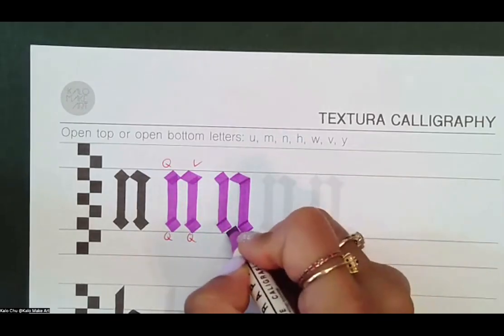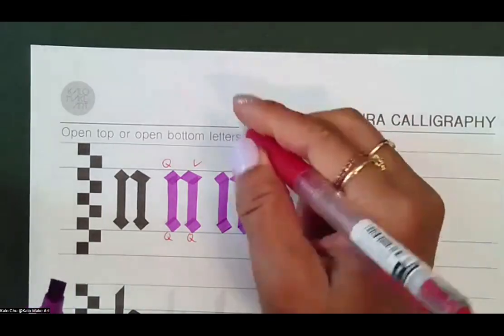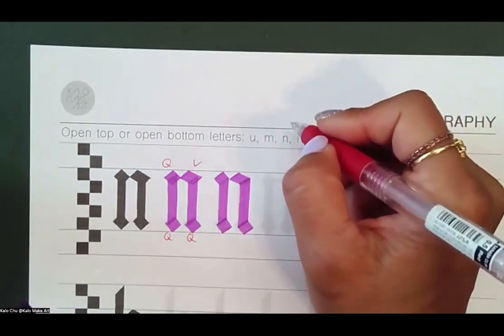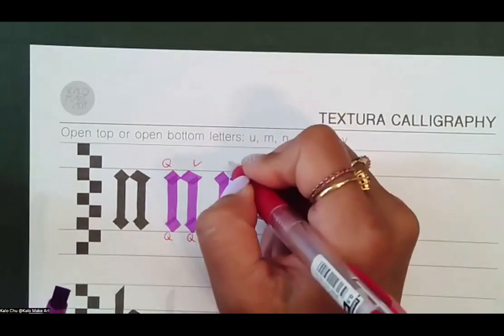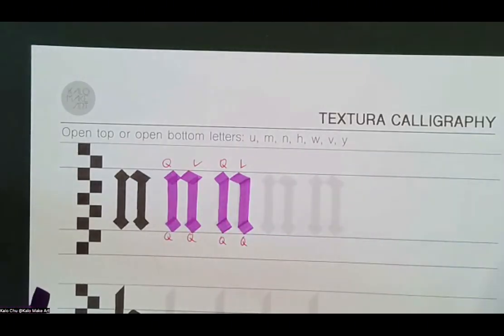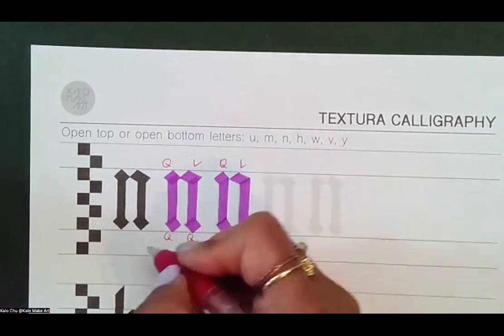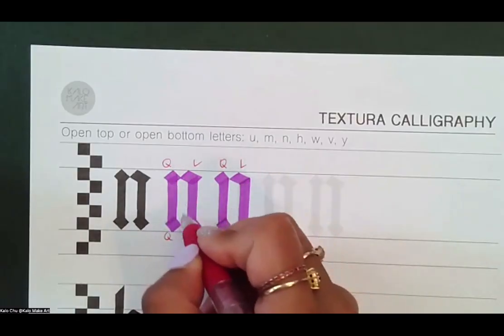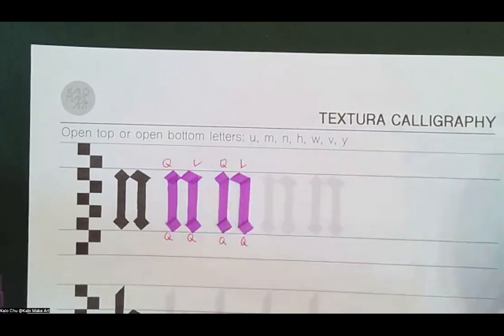Personally, I like to break it because I'm used to Engrosser's script and I'm used to pen lifting. But you can definitely try both. This is just my personal experience, because when I do Engrosser's script, I lift between the upstroke and the downstroke, and I feel like I have better control when I break down all the strokes.